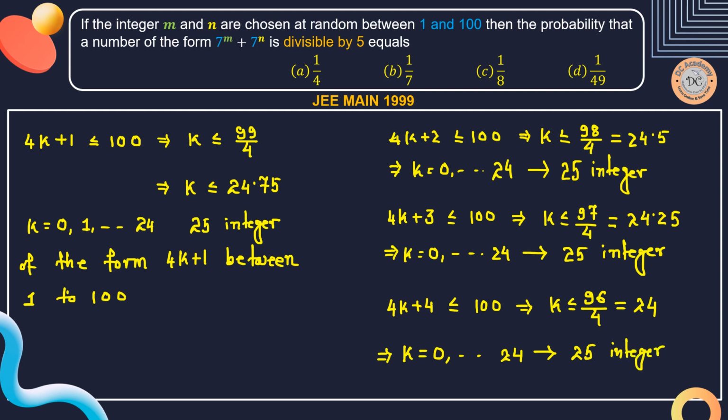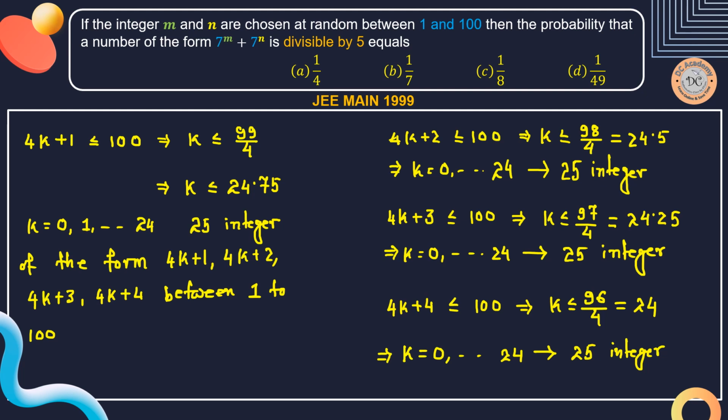So therefore, we can conclude that in every case we are getting 25 integers of the form 4k plus 1, 4k plus 2, 4k plus 3 and 4k plus 4 between 1 to 100. So in every case, as we discussed in the beginning, we are having 25 integers.